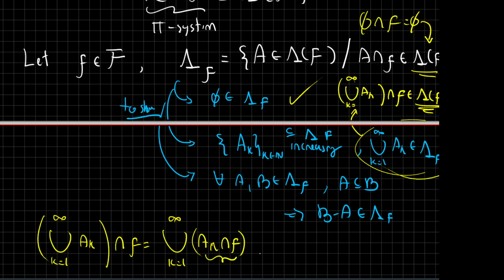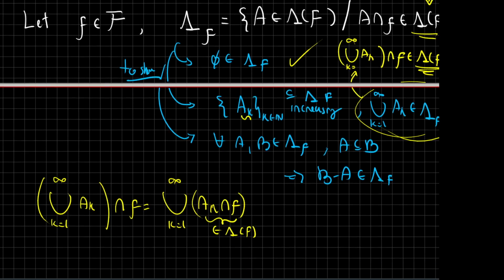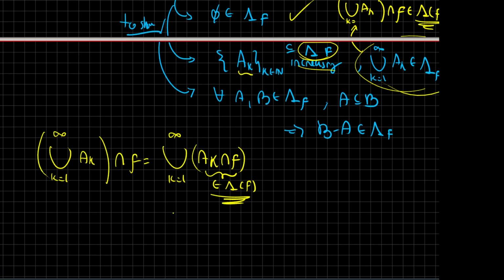and every one of these is inside the lambda system, because every A_k is inside this set. So by definition of that set, we will have that this is included here. So if this family is increasing, then this new sequence of sets will also be increasing and inside this one.